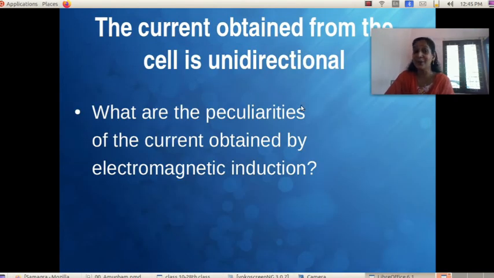The current obtained from the cell is unidirectional. What are the peculiarities of the current obtained by electromagnetic induction? Its magnitude changes, its direction changes. More about it we can study in the next class.